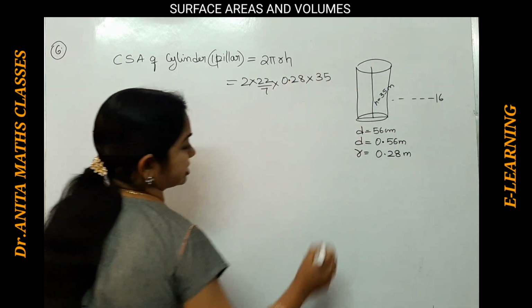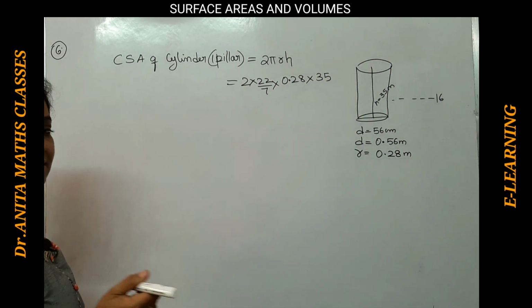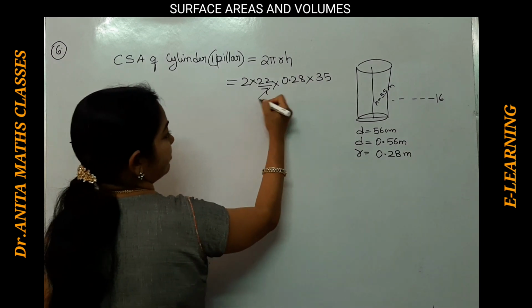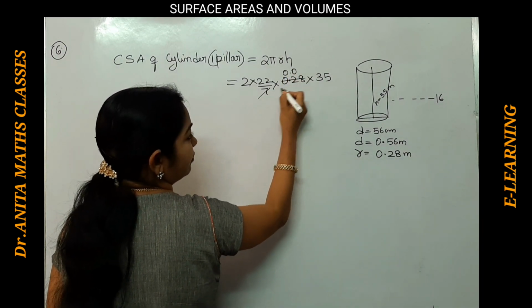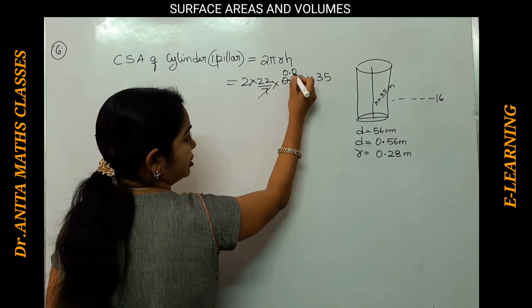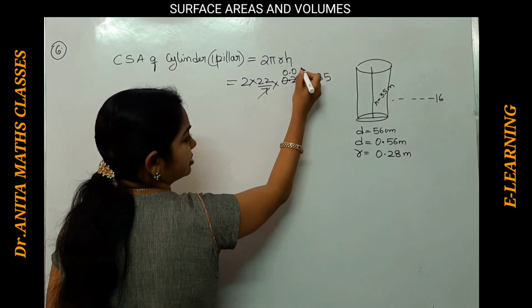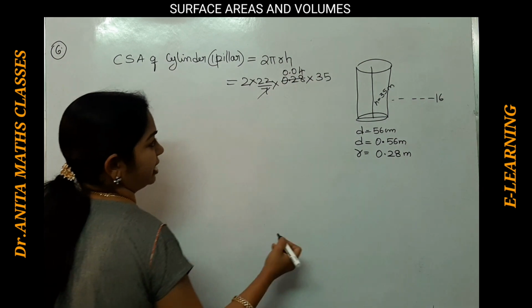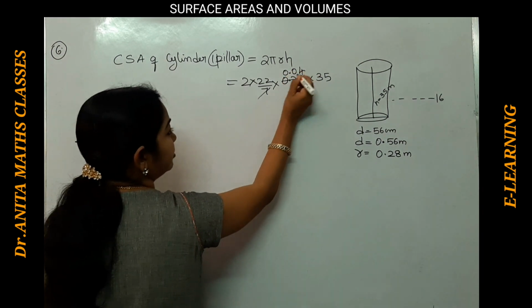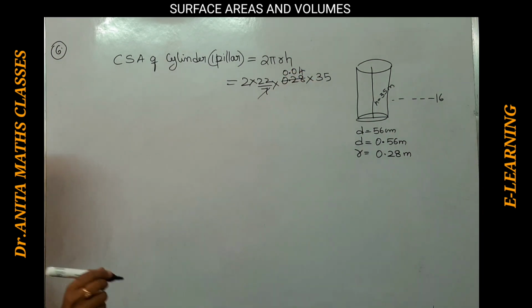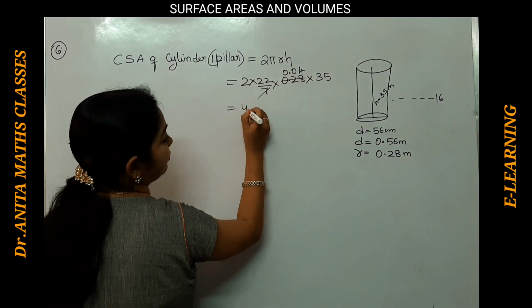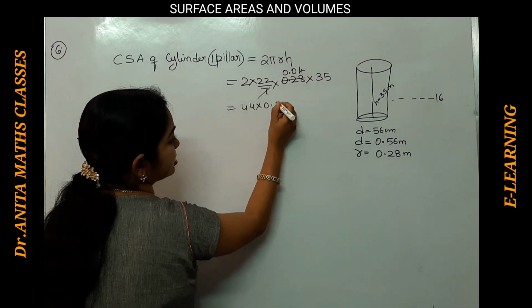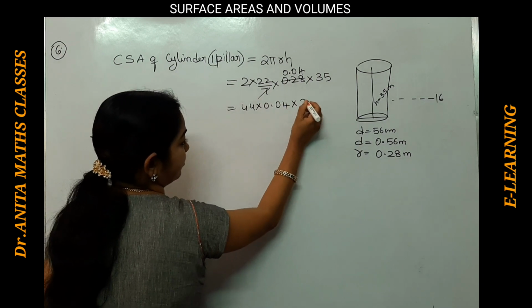All are in meters, so we get the area in square meters. 0.28 by 7: 2 doesn't go with 7, it is lesser, so 0, and 2 will be shifted over here. 7 4s are 28. Here you may make a mistake. You will write 0.4, no, it is 0.04. Now this comes to 44 into 0.04 into 35.